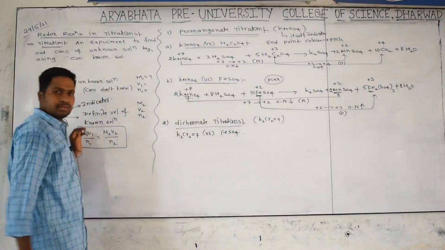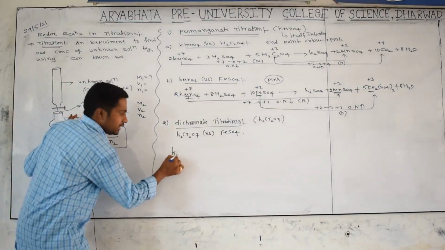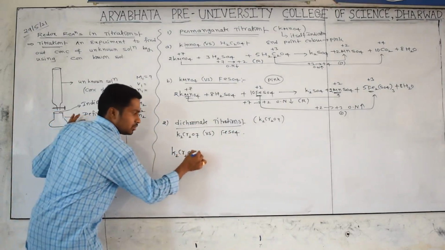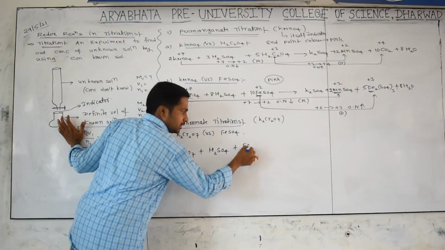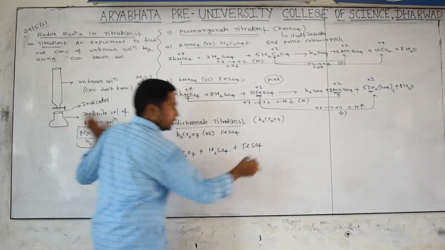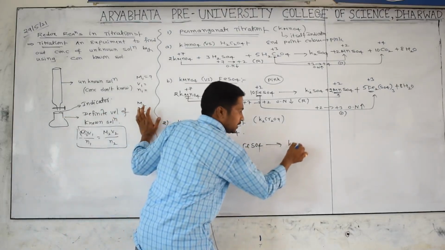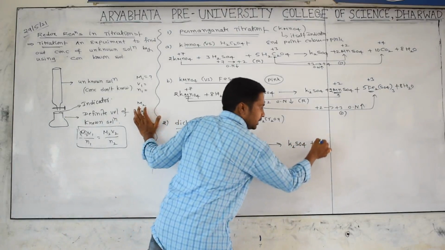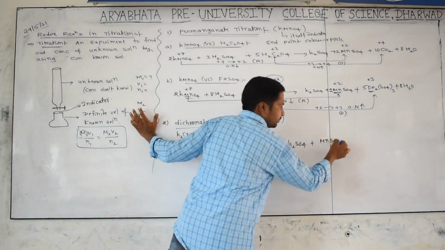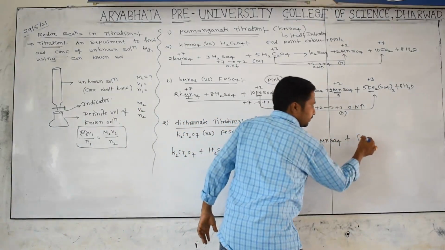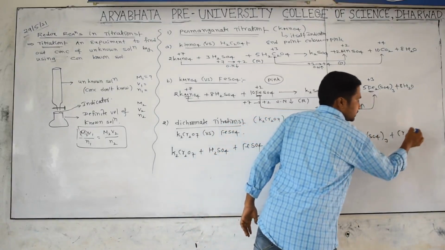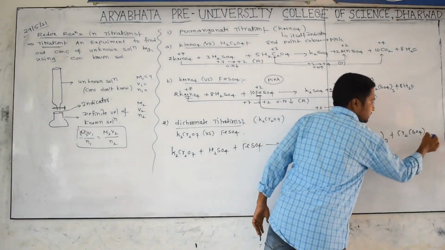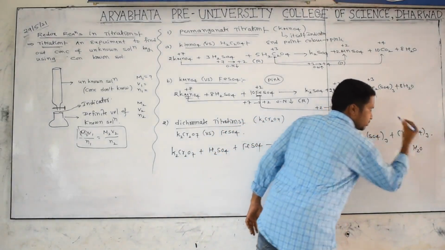So first of all you take K2Cr2O7, in acidic medium, H2SO4, plus FeSO4. What we are getting, as usual, is K2SO4 as a product, plus Fe2(SO4)3 is the product, and one more, Cr2(SO4)3 is the product, plus water is also there.